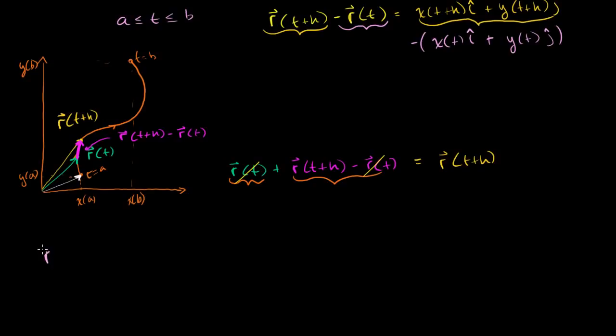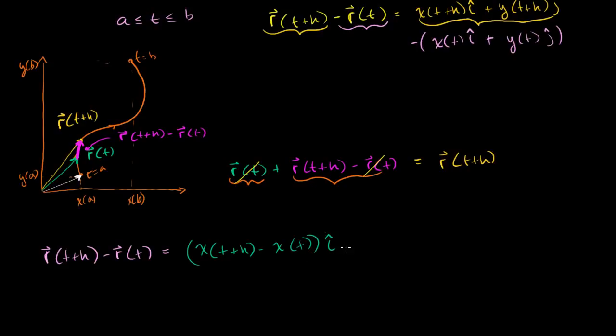So I have r of t plus h minus r of t is equal to, now I'm just going to group the x and the y components. This is equal to the x components added together, but this is a negative, so we're going to subtract this guy from that guy. So x of t plus h minus x of t, and then all of that times our unit vector in the x direction.